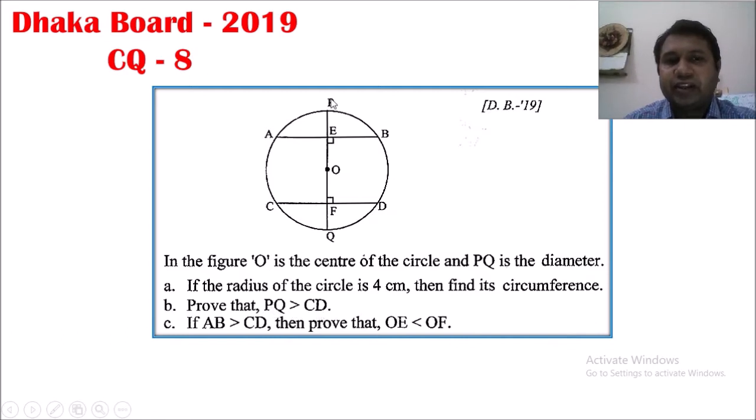PQ is a diameter, and CD is a chord. And C: if AB is greater than CD, then prove that OE is smaller than OF. So this is the CQ question.